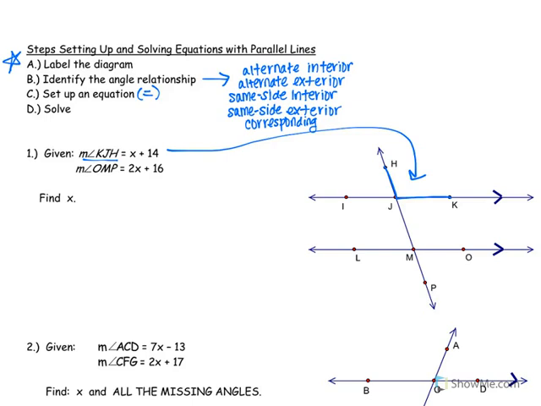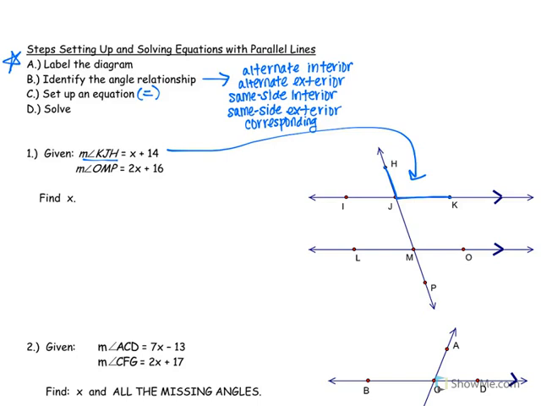But what's important to look at is I gave you some steps up here to solve equations with parallel lines. So the first step is going to be to label the diagram. All right, so let's actually just look at the steps while looking at the first problem. So it's given, I gave you 2 angle measurements, right? KJH, and I gave you OMP. Okay? The first thing I'm going to do is label the diagram.